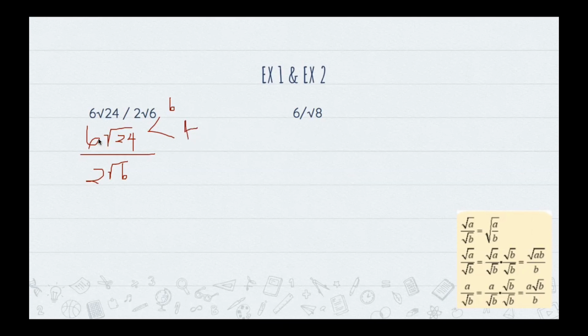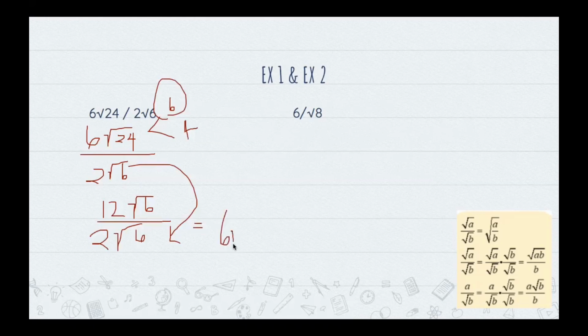So you do 2 times 6, which is 12. And then you take that 6 from here and make it into radical 6, and you put that over here. So 2 radical 6. Because they have the same radicands, which is 6 inside the radical, you can just divide these two. So the final answer would be 6 radical 6.